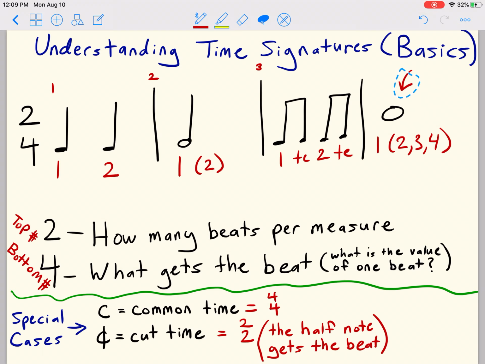It's like trying to fit a watermelon inside your pocket. It doesn't fit because it's too big. There's too much time taken by this whole note to fit in one bar. The longest note value that can fit in a 2/4 time signature measure is a half note. So this is not allowed.